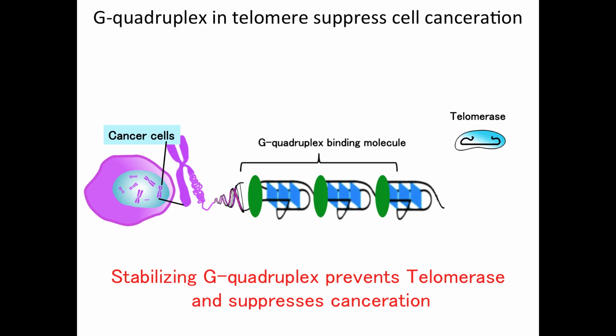It means that the G quadruplex and the G quadruplex binding molecule to stabilize it are very important, and can prevent telomerase and might suppress cancer.